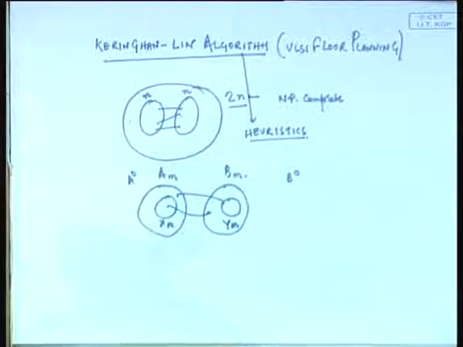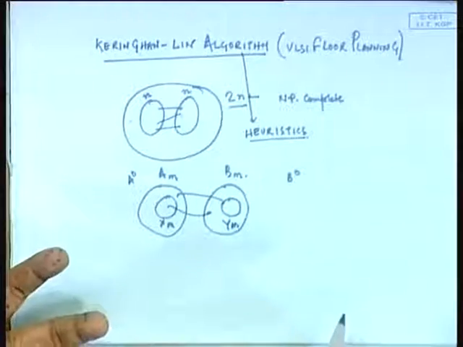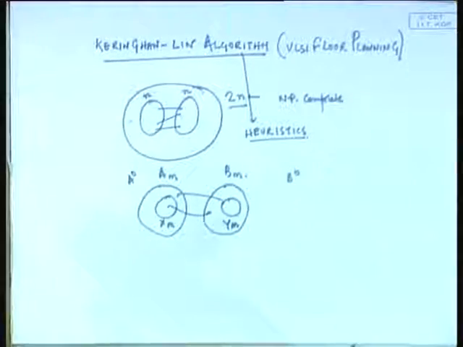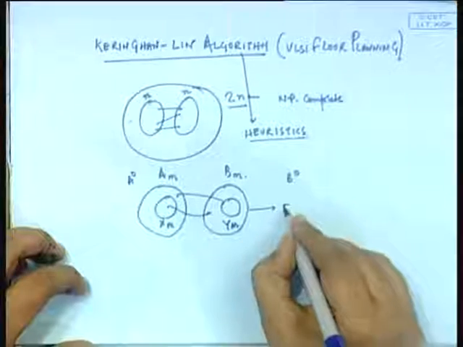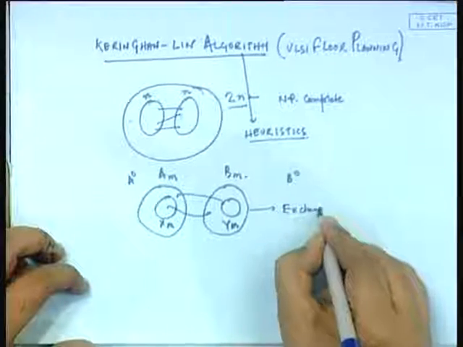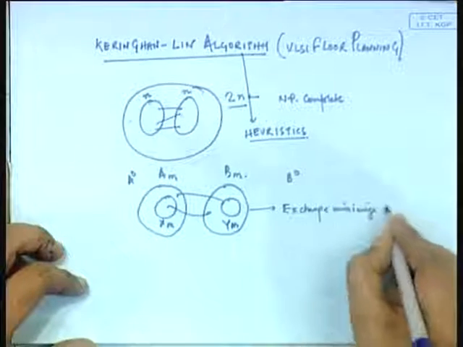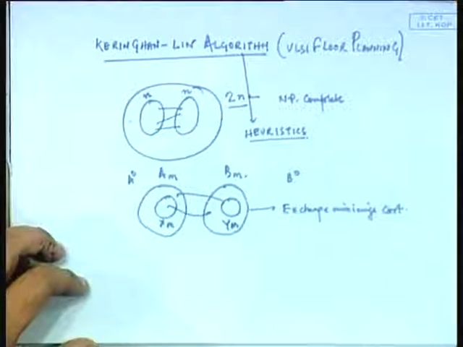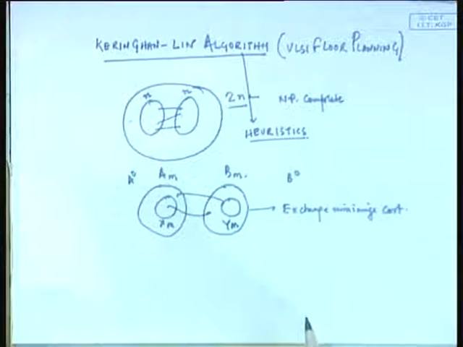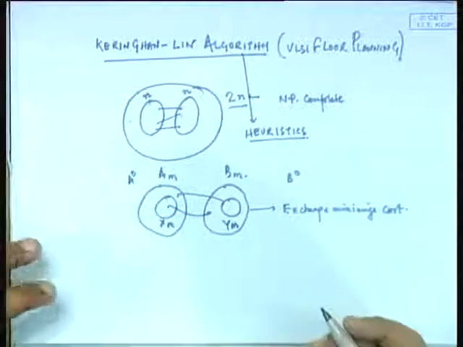So, it is a typical optimization type of problem. You try to minimize cost, or maximize benefit perhaps. With this exchange, you minimize some cost. So, what is the cost?